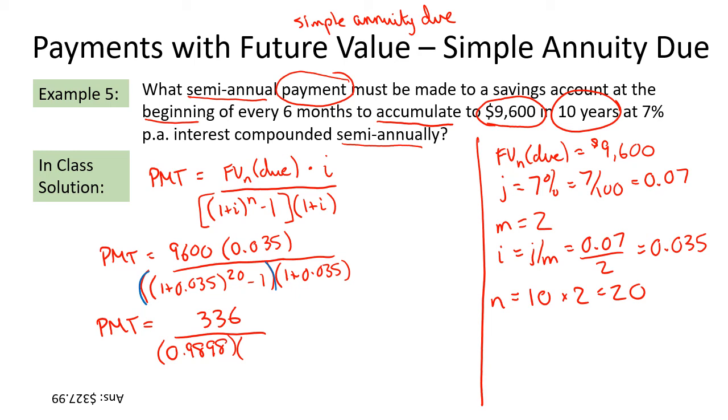And your second term is just 1.035. So calculating that out, your payment comes to $327.99.